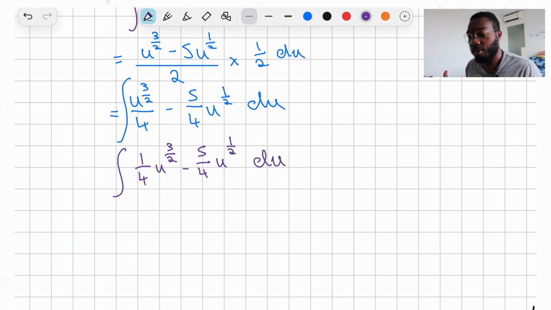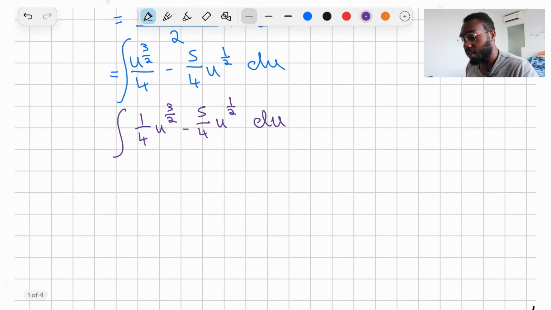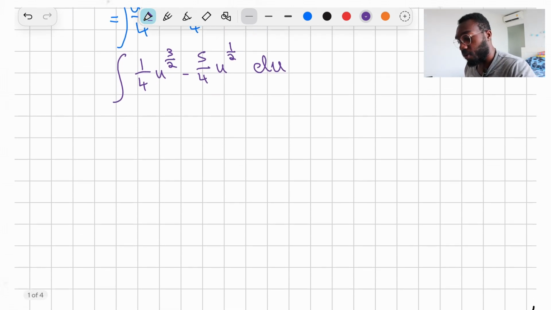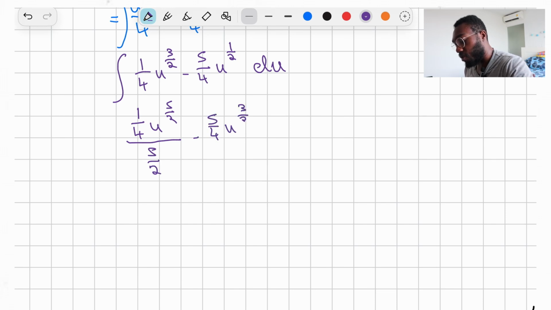So this becomes a lot easier now. If we integrate this, we add one to the power, so we get 1 over 4 u to the 5 over 2 over 5 over 2, minus 5 over 4 u to the 3 over 2 over 3 over 2, and then we add the plus c here.